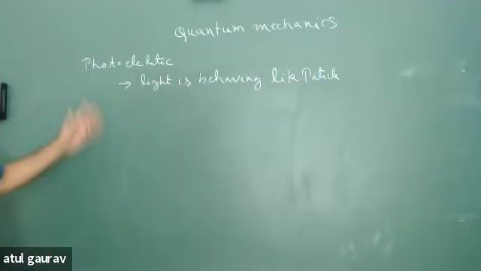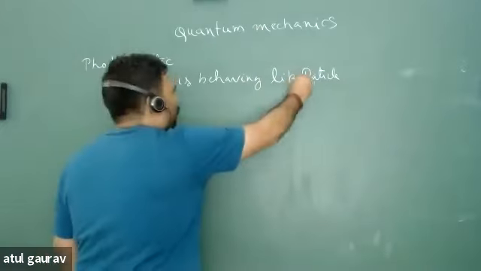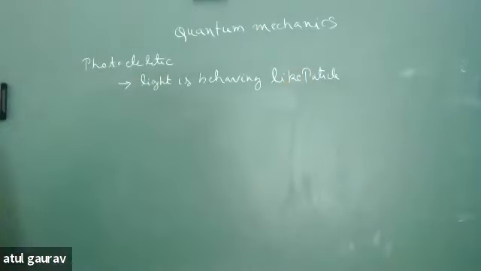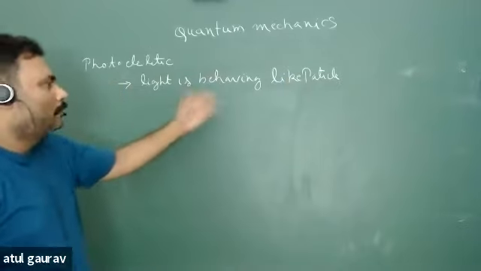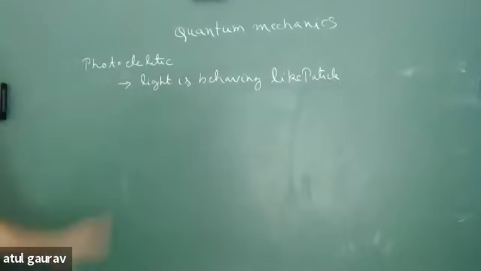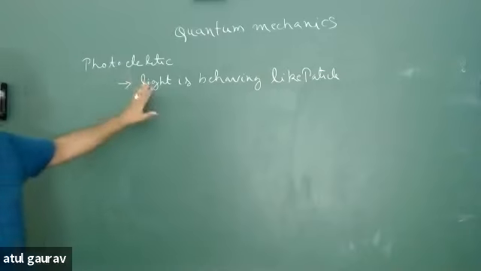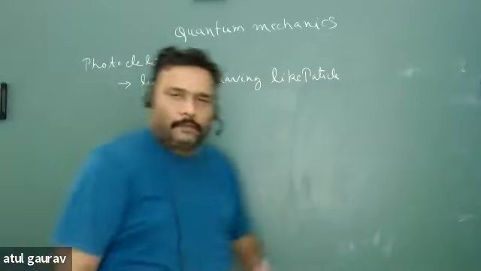I'm not going into detail on all this because I assume that you have done it during your graduation. If you want this detail, you can go for Arthur Beiser, but these are not asked in your examination. But the conclusion you should know: light is behaving like a particle.